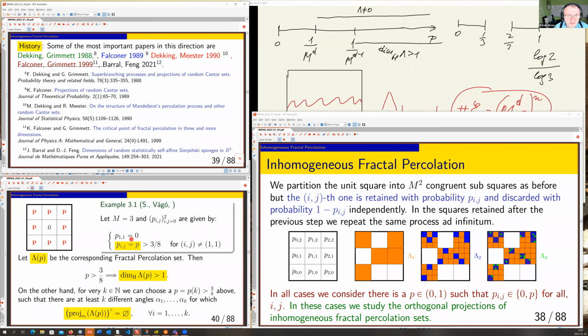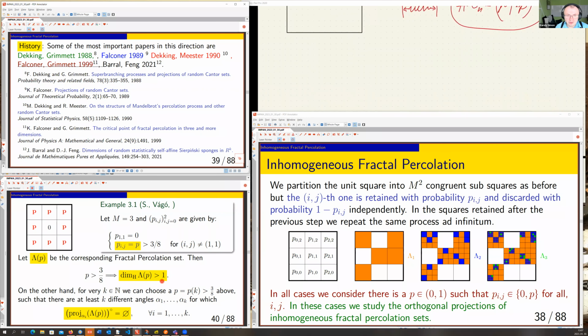Because if you consider this set and choose a P which is bigger than 3/8, then the Hausdorff dimension is going to be bigger than 1. Why is that true?